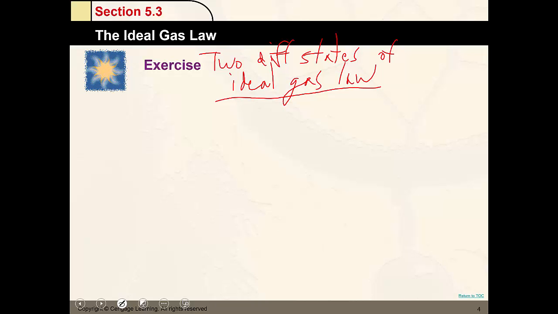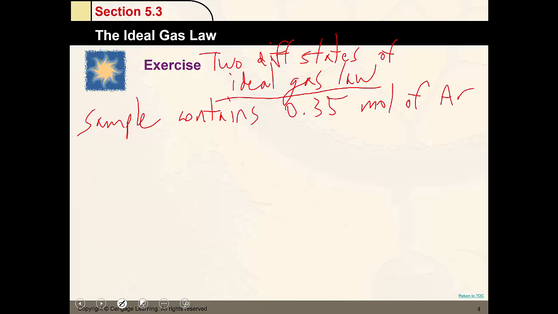Okay, so let's say we have a sample. A sample contains 0.35 moles of argon gas at 13 degrees Celsius and a pressure of 568 torr. So that's one state.